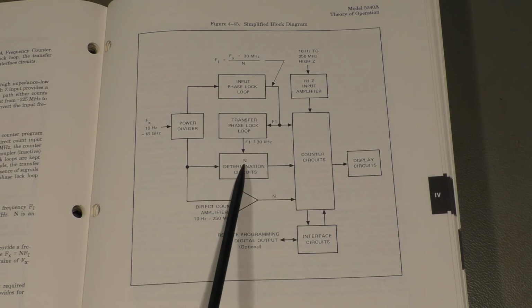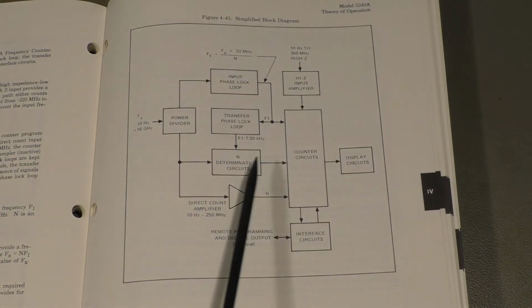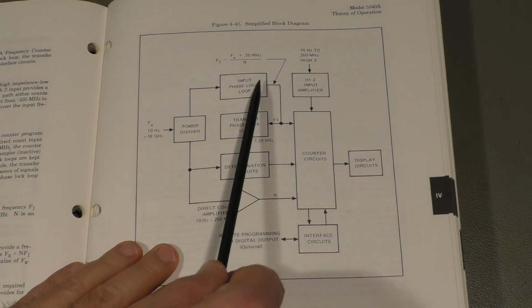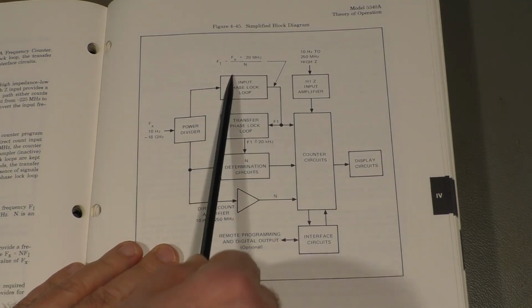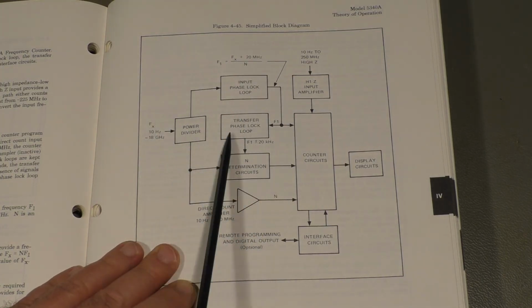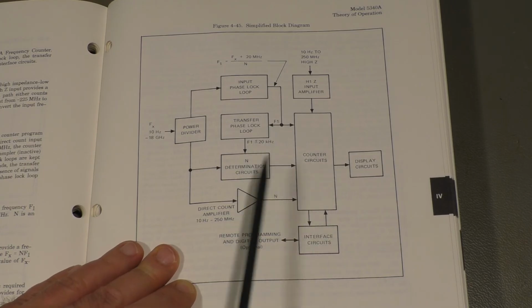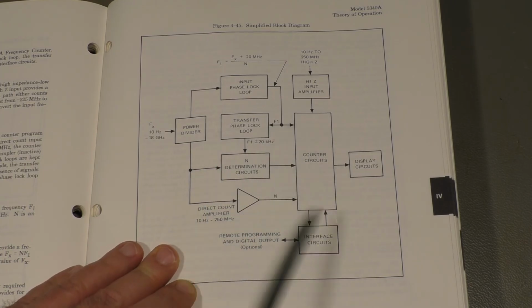And the other one is the N determination circuits. They find out what the factor N is to the sampling frequency they used here to get this 20 megahertz. And all this goes to the counter circuit where the actual frequency is then calculated.